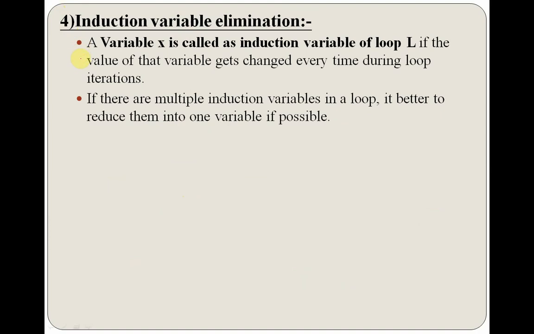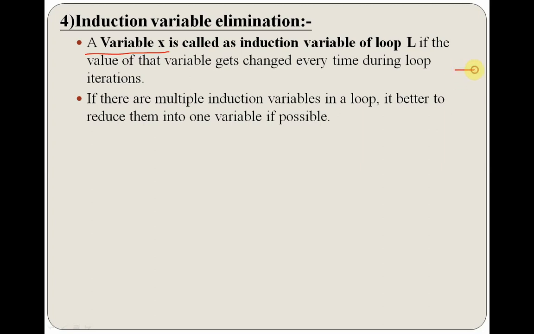What is an induction variable? A variable x is called an induction variable of the loop L if the value of that variable gets changed every time during the loop iteration. If some variable is used in the loop and its value is going to be changed in every iteration of the loop, then it is called an induction variable.